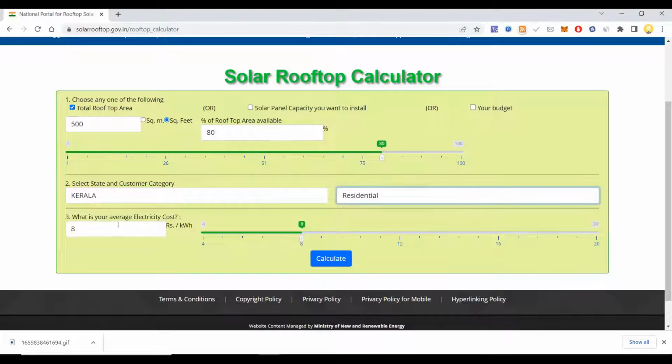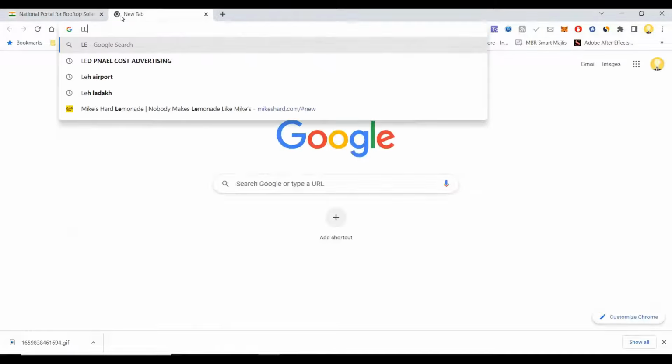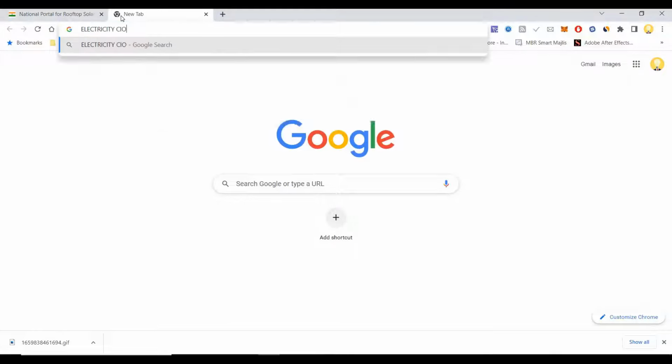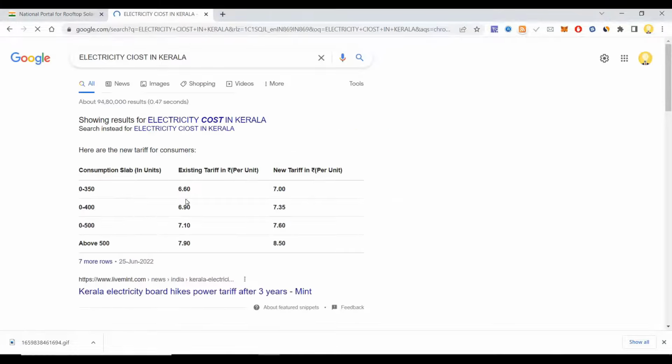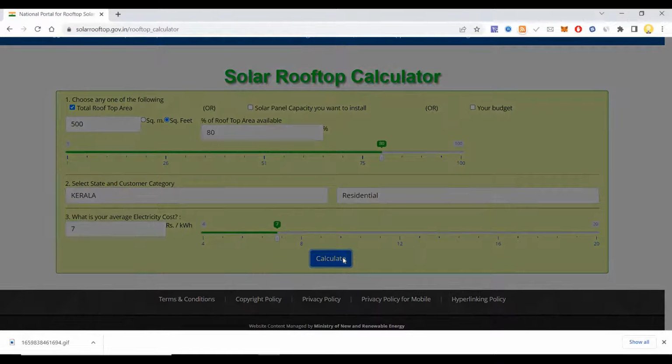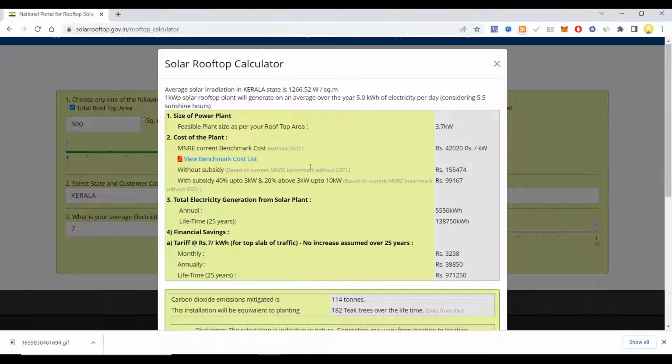So what is the average electricity cost? Electricity cost in Kerala is around 6 or around 7 units, so I'm going to put 7 rupees per unit. Now I will say calculate. Now it will tell me all the costs.